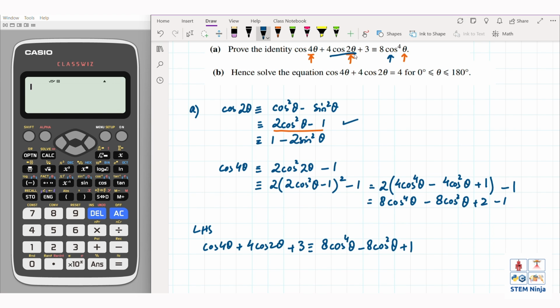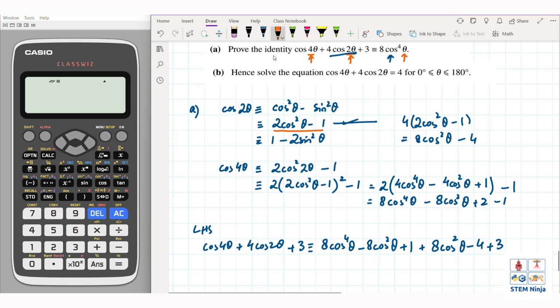Now plus 4 times cos 2 theta will be this: 4 times (2 cos squared theta minus 1) would be 8 cos squared theta minus 4. So 8 cos squared theta minus 4 plus 3.